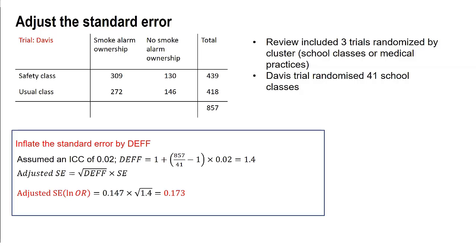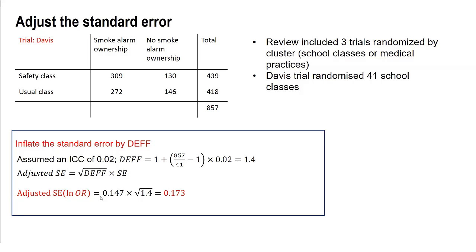Coming back to this example, though, let's look at the second option, whereby we can just inflate the standard error by the design effect. Again, we have calculated our design effect in the same way, which is 1.4. All we need to do is take the unadjusted standard error and multiply it by the square root of the design effect.